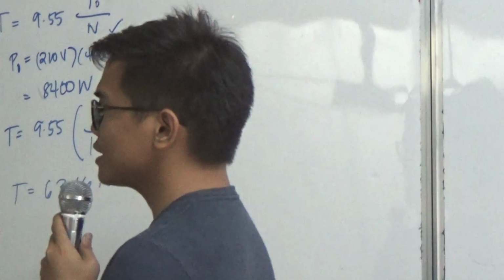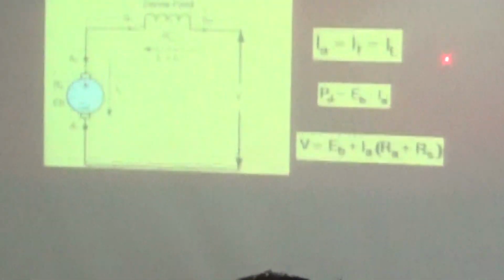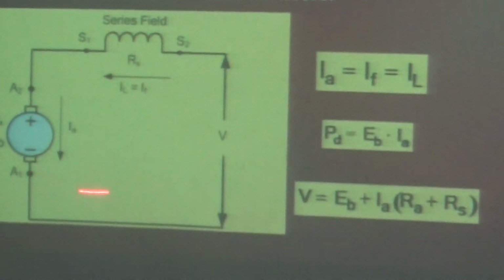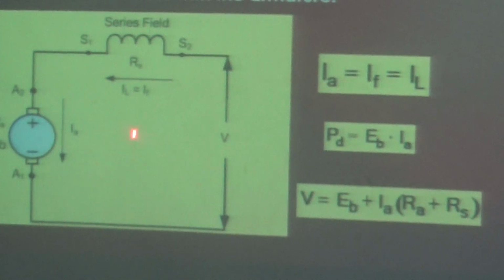So for series field, IA equals to IF equals to IN. Power developed by the motor is EB, the back EMF, times the armature current. Then the source voltage is equal to back EMF plus IA times RA plus RS.